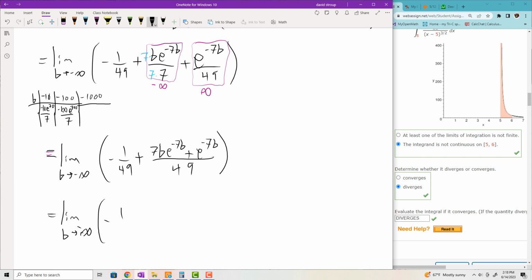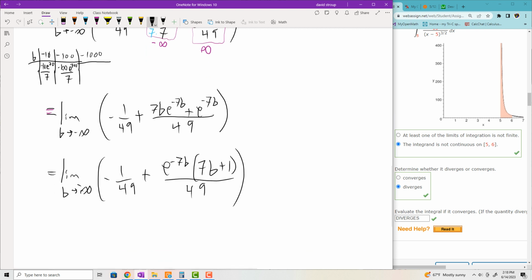So this one's kind of weird, I admit it. I'm glad I did it. So I could factor out the e^(-7b), and then I have 7b plus 1 all over 49. So all you're doing is just transforming it until it turns into something you could do L'Hopital's on, or something that is determinate. It's like a Calc 1 type limit.